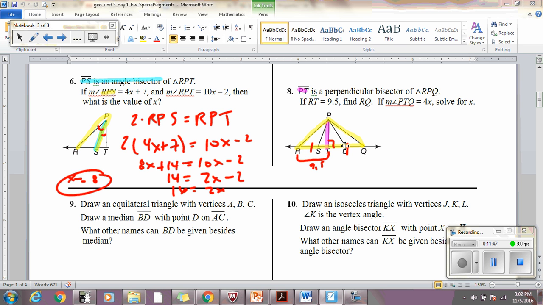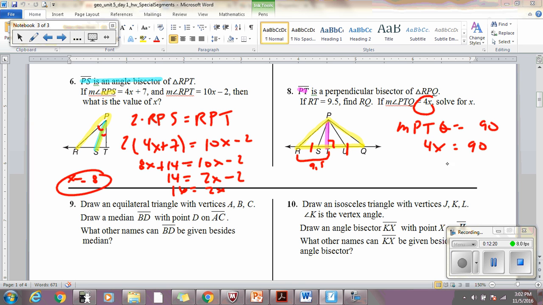So the RT fact seems to be some extra information that we don't need right now, because x is in the angle PTQ, and since PTQ is equal to 90 degrees, we know that 4x is equal to 90.